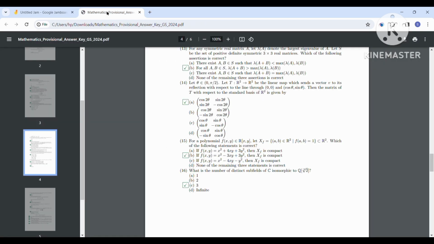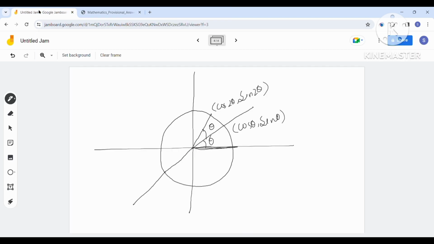Now if you see the options, you can directly see that only option A has this in the first column. So option A will be correct. But you can also check whether it's completely correct by using this. Now you have this one, right? This line. So if you reflect this line, then you will get this line, right?